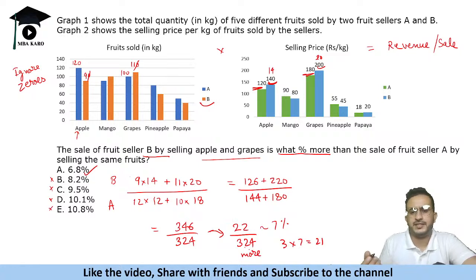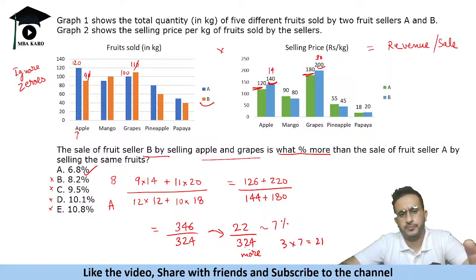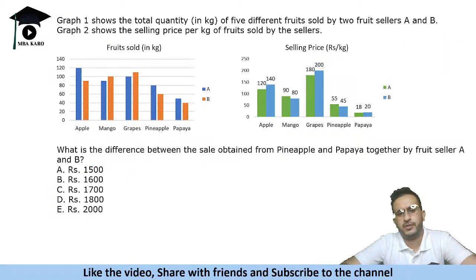Now 300 का 7% is 21. So roughly 7% is our answer, which is 6.8. So in most of the scenarios, it is about finding approximate answers. So approximation, round off, these are some crucial things that you need to use in order to solve these questions efficiently.